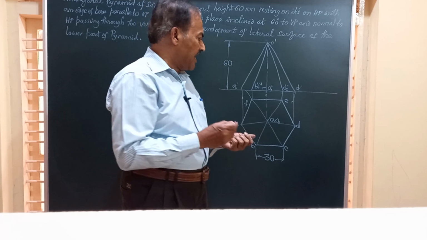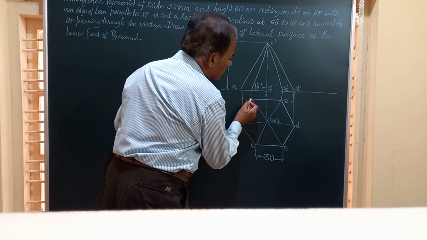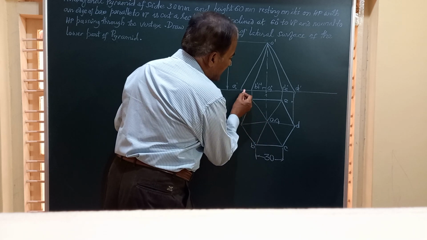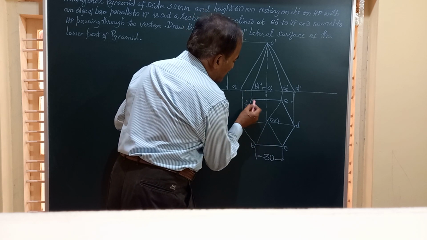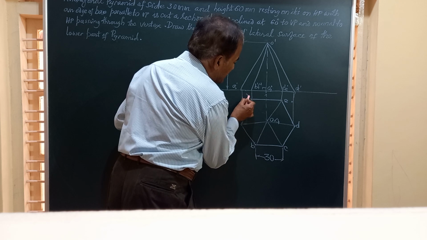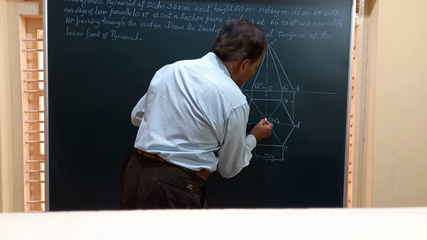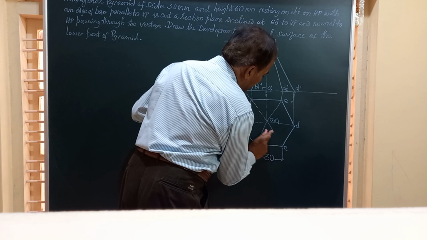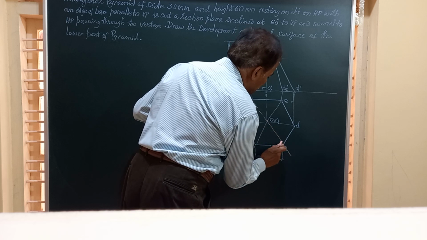So friends, we will draw a line passing through this vertex inclined at an angle. Friends, if you are good in mathematics, this will certainly give you some clue: when you pass a line through the vertex, it has to pass through two corners of the base.